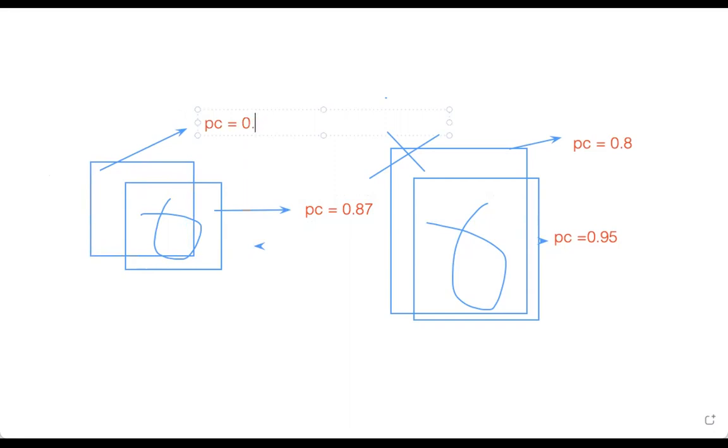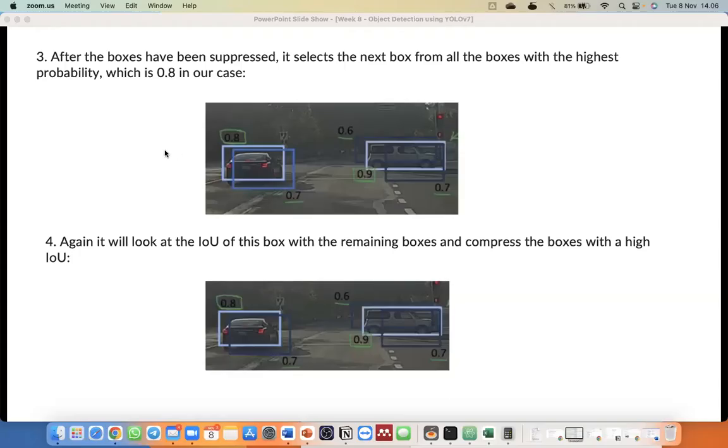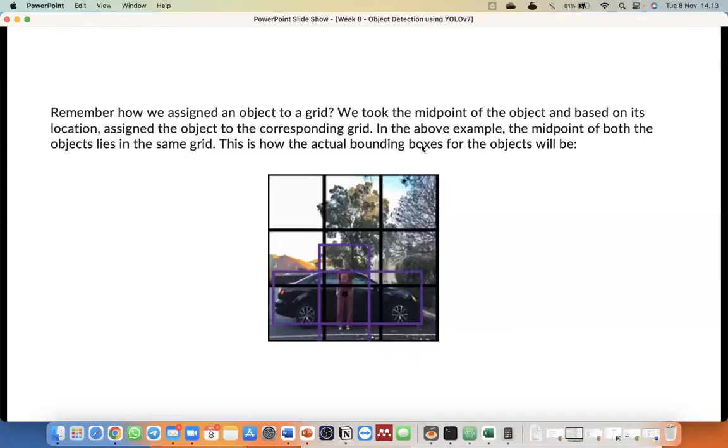Nah, yang dihapus yang 0,6 ini. Jadi yang PC 0,6 ini kita hapus. Oke. Oke, any question? Ada pertanyaan sampai sini?